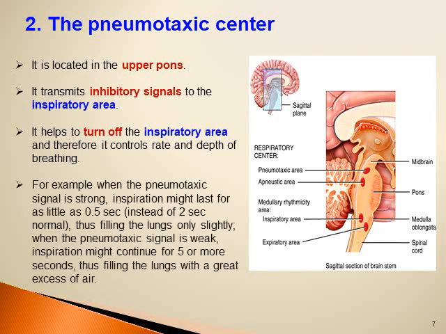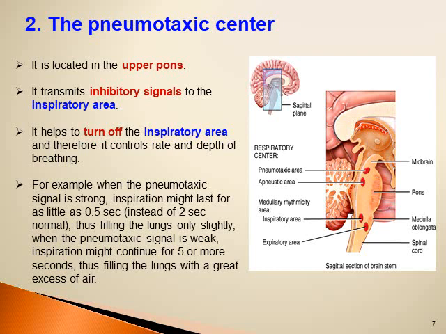For example, when the pneumotaxic signal is strong, inspiration may last for as little as half a second. During normal quiet breathing, we said inspiration will last for 2 seconds. But if the pneumotaxic center that lies in the upper pons is active, it will inhibit the inspiratory area, so the firing duration of the inspiratory area will be only half a second, thus filling the lungs only slightly.